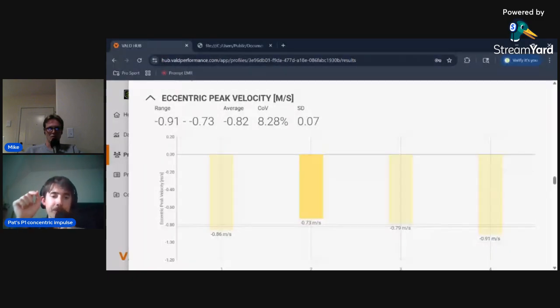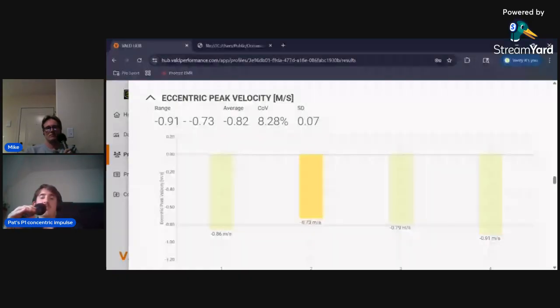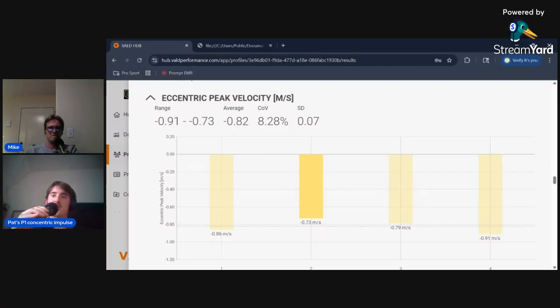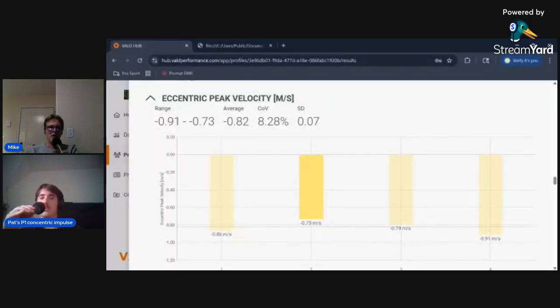Now with that, I have a couple questions too. When you're done, yeah. With what I was saying, I think patient comfortability with the testing is a big thing. This is the first time she's ever done a loaded countermovement jump, so I can assume there might be some apprehension to it, which is why she's probably not going as fast as I would have wanted.